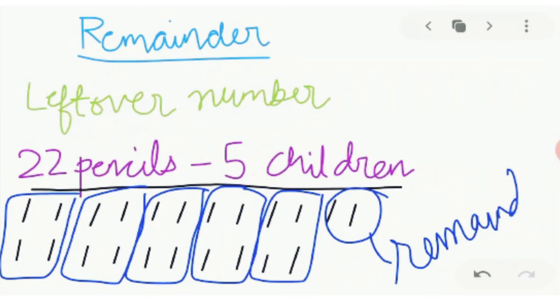I hope now you have understood what a remainder is: the thing which is left over after equal distribution of a number.